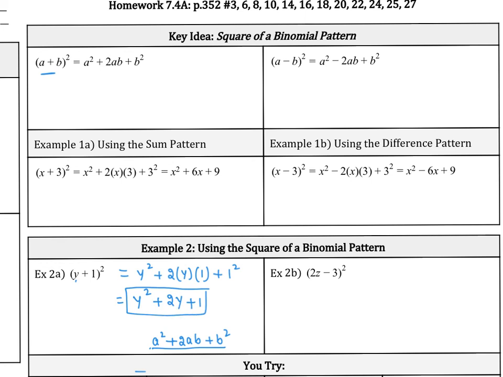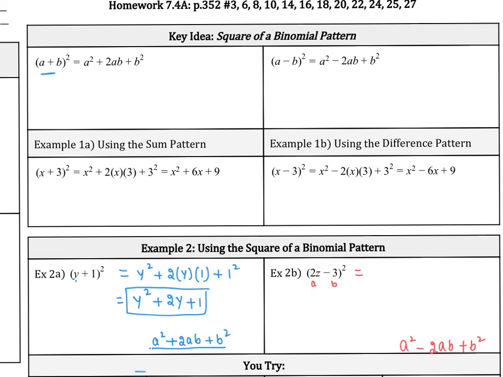Next is the binomial a minus b square, and I compare it with a square minus 2ab plus b square. I'm going to write the formula here because I'm using this formula. I'm going to plug in 2z as my a and 3 as my b. I'm just writing it small so I can compare.